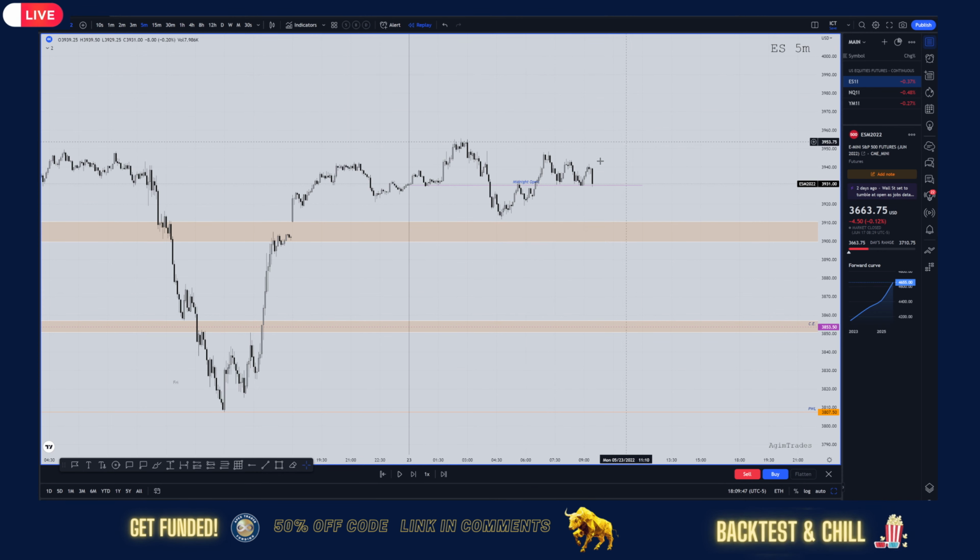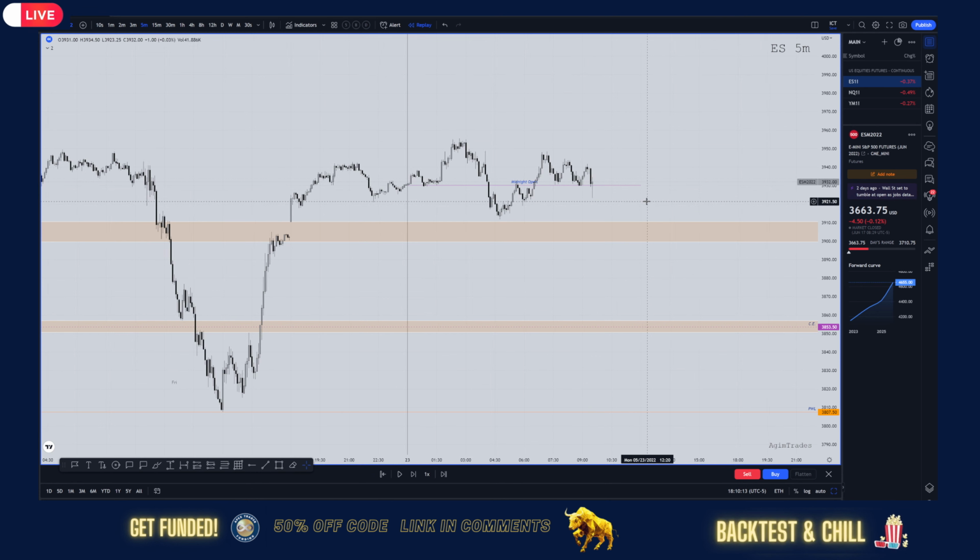Because I think the market has plenty of reason to want to drop down, fill in some of these imbalances, and then head on up. But we need to see some kind of break in structure and some grab of liquidity. I think there's too much liquidity resting up here unless it just wants to tank, and then we can find a fair value gap market structure shift in that regard.